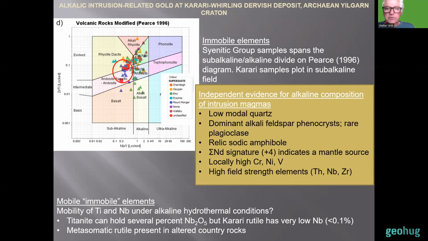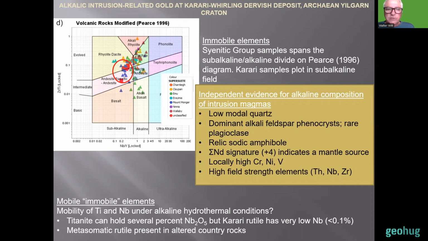Karari intrusions in particular consistently plot as subalkaline, which is difficult to reconcile with the low modal quartz, dominant alkali feldspar phenocrysts, and the presence of relic sodic amphibole and barium feldspar, amongst other things.